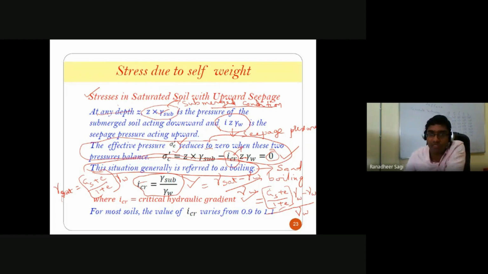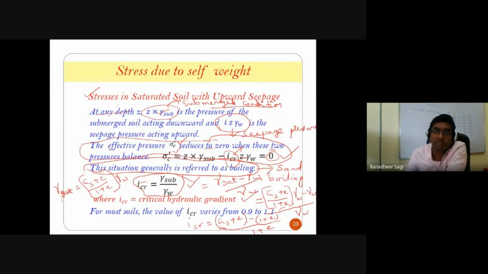So what I have ultimately is (GS plus e) by (1 plus e) minus 1. If I rearrange the terms, the critical hydraulic gradient comes out to be (GS plus e minus (1 plus e)) by (1 plus e).